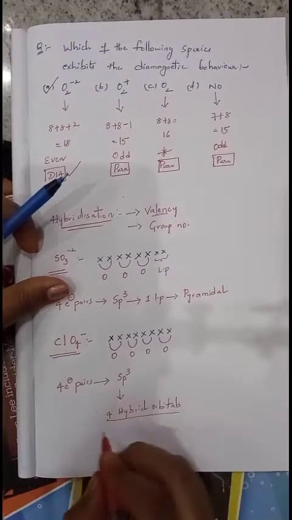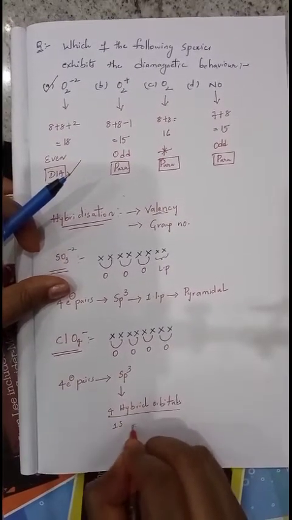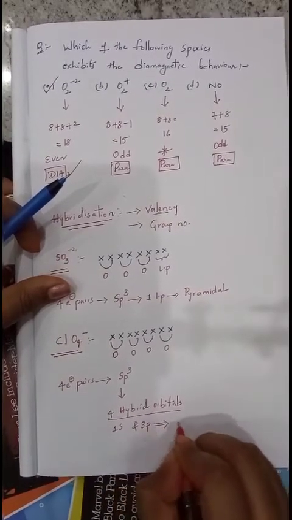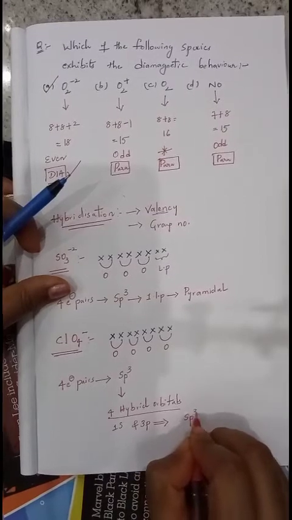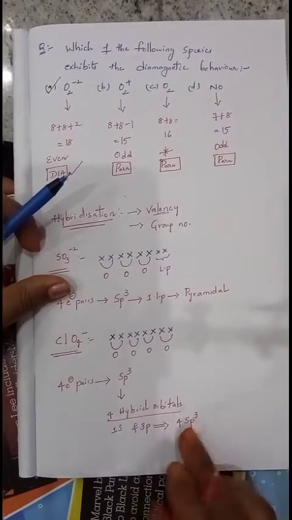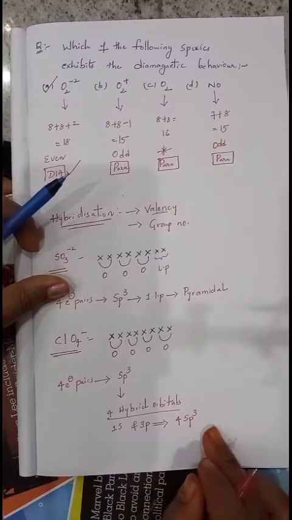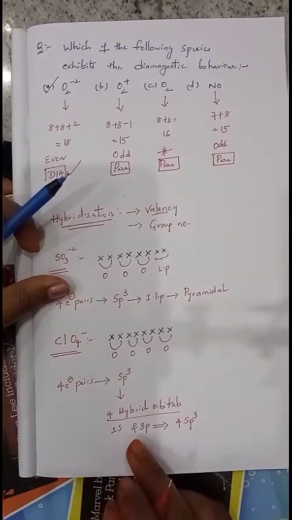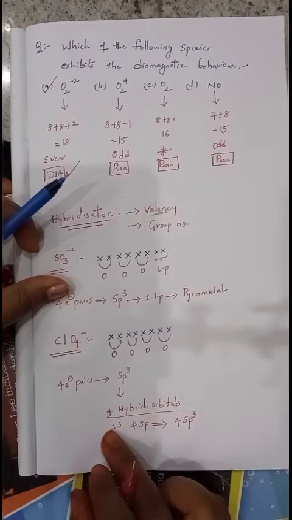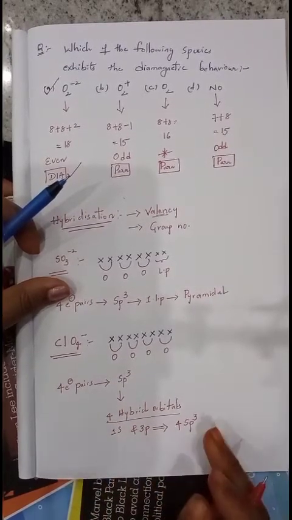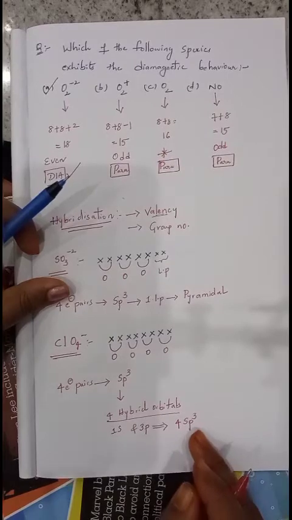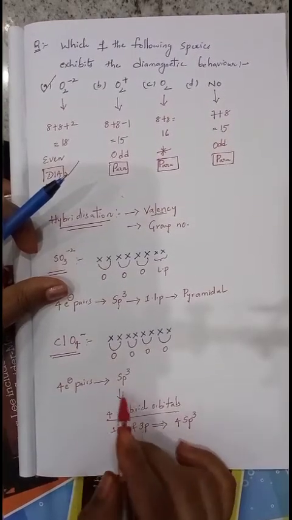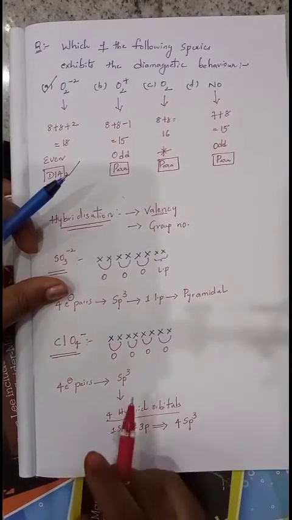Because it is made up of one s orbital and 3 p orbitals, the resultant hybridization is sp3. Total number of hybrid orbitals are 4 because the number of hybrid orbitals is always equal to the number of atomic orbitals. Total number of atomic orbitals are 3 plus 1, 4, and the expected total number of hybrid orbitals is also 4.